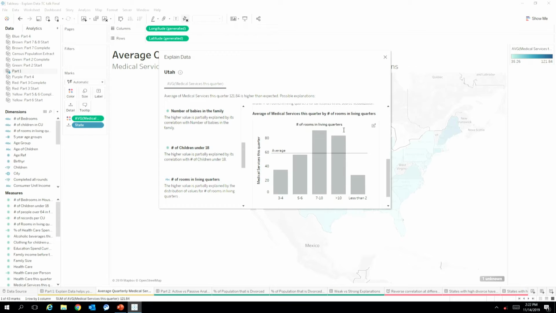And this down here is showing you that the average medical services expenditure for people who live in households with more than 7 rooms is higher. And so that's how you can interpret this type of explanation.